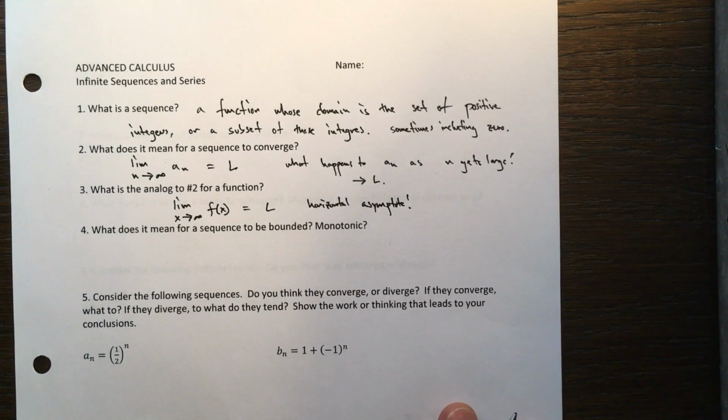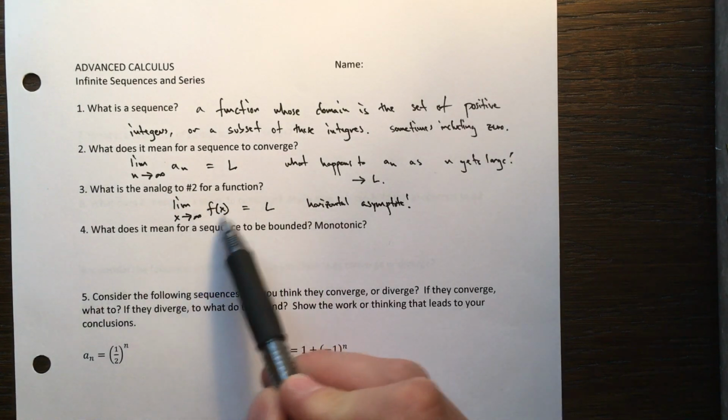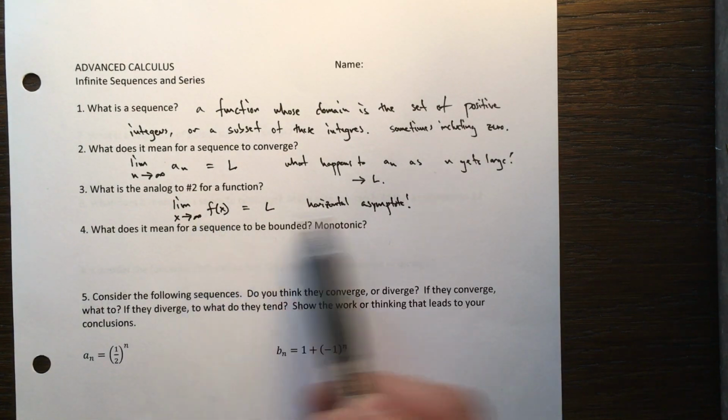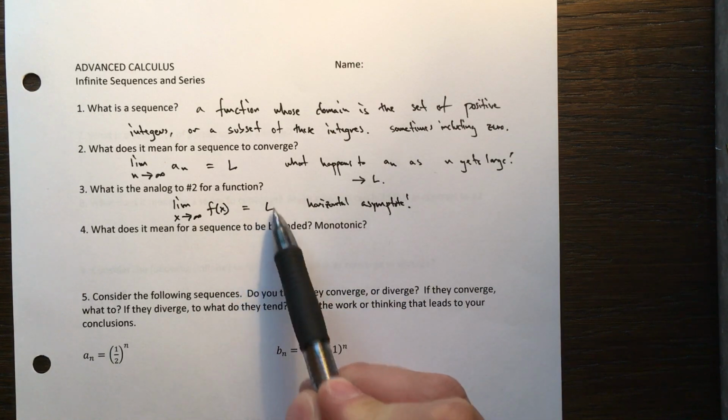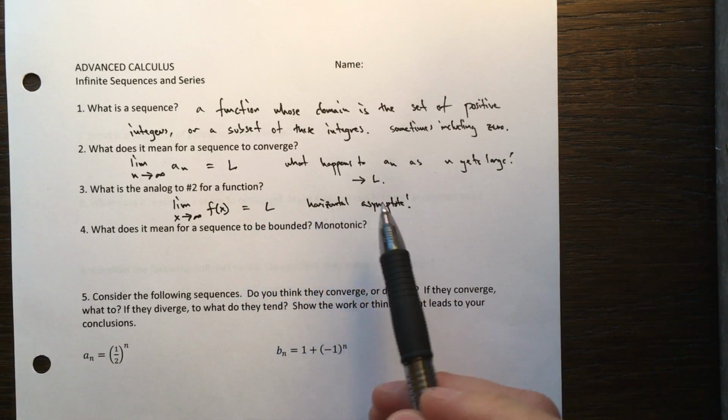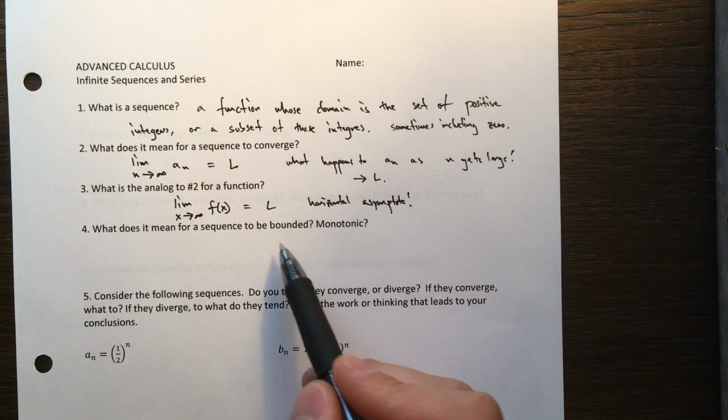So if the end behavior of this function is that you head off towards the right and approach some number L, that looks like a horizontal asymptote.